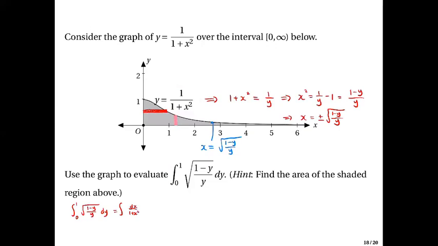But this time, this will run from 0, so from this point, going to infinity. So in here, we have 0 to plus infinity. And if you look, this is easier to integrate.